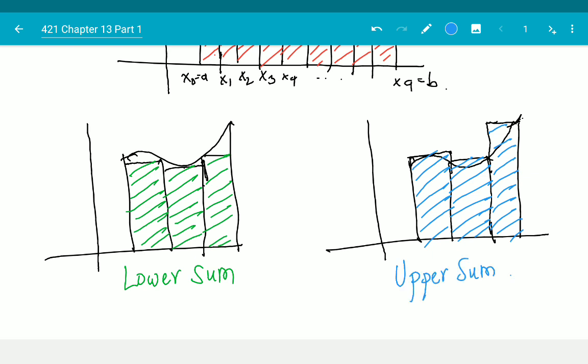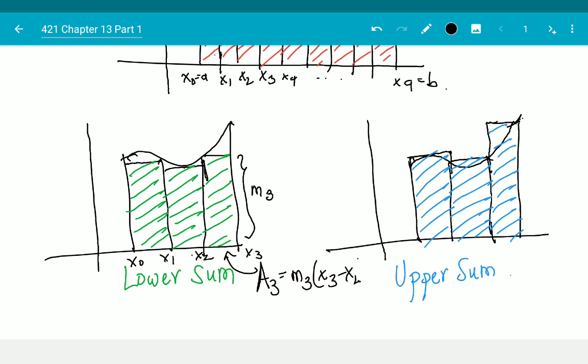I'm looking at the topmost point in the graph inside a column, and I'm making the height of that column be that point. Here I was looking at the smallest value in the column and using that as the height. If this height was small m3, then the area a3 is equal to small m3 times x3 minus x2, with points x0, x1, x2, x3.